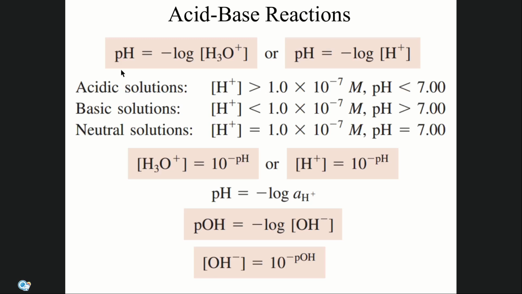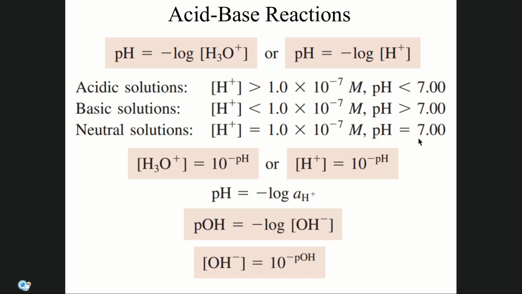Because pH is simply a way to express hydrogen ion concentration, acidic and basic solutions at 25 Celsius degree can be distinguished by their pH values as follows. In this slide, you can see if pH is less than 7, it is an acidic solution. If pH is more than 7, it is a basic solution, and a neutral solution is when pH is exactly 7.